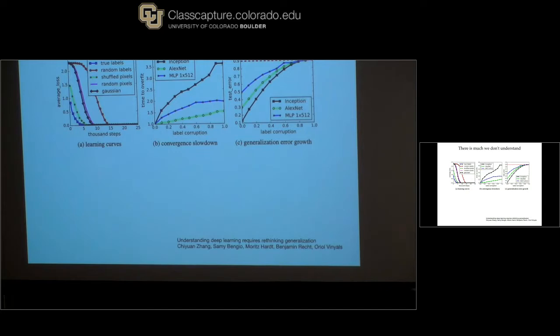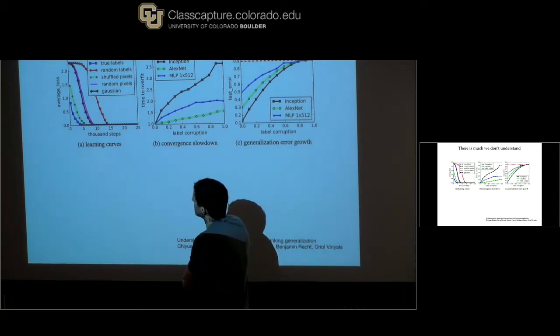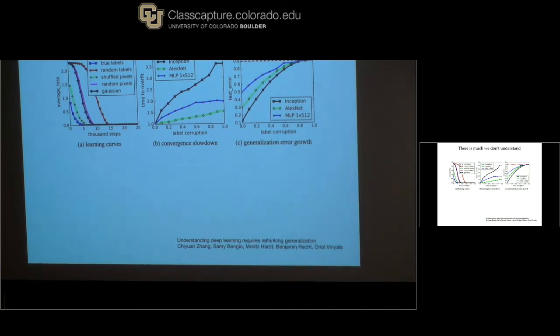And you can look at the test error, and it does very well, or it does well enough. And you might think, okay, I'm happy. I have a neural network that fit my training data, and it generalized to the test set.